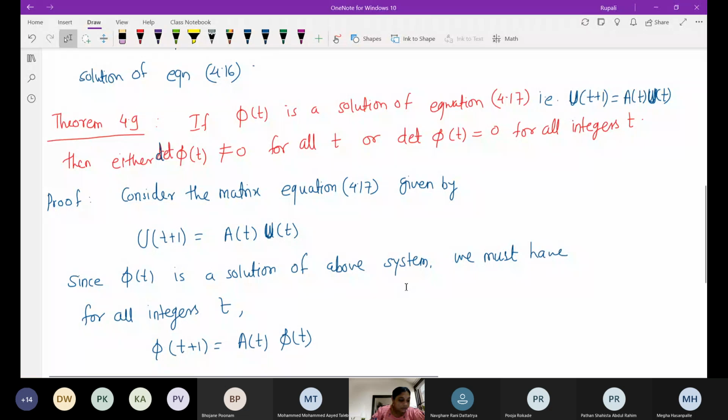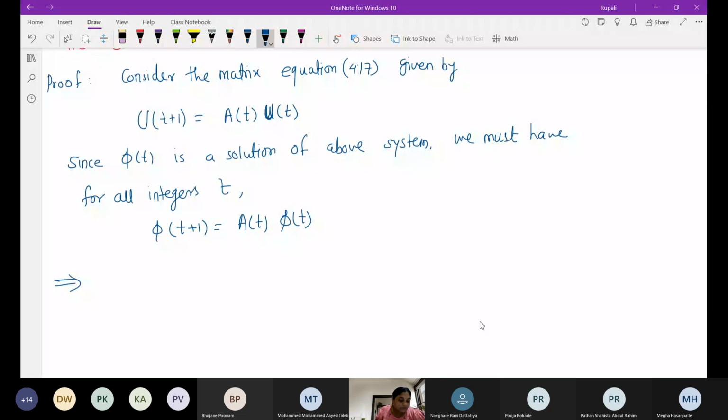Now these are all matrices, so I can take determinants: determinant of Phi of t plus 1 is equal to determinant of A of t times Phi of t.